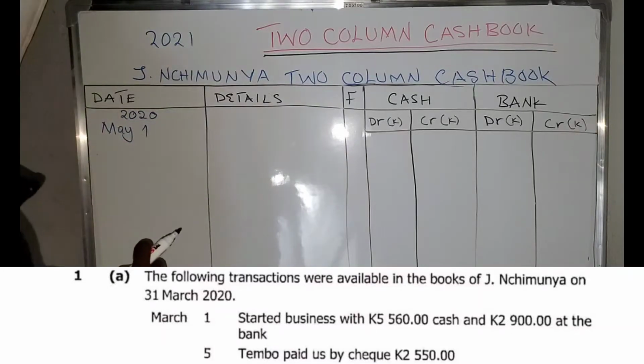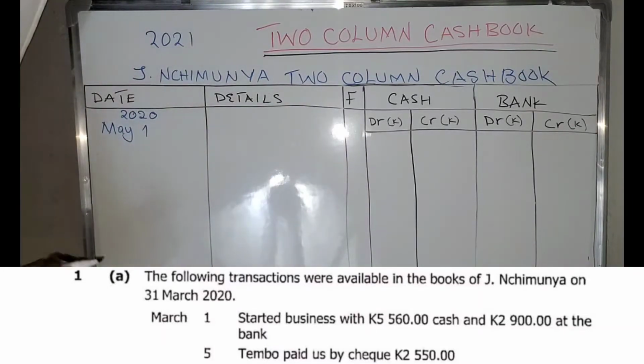So what you need to do is to read the transaction and understand it. So the transaction reads, started business with 5,560 kwacha cash and 2,900 at the bank.